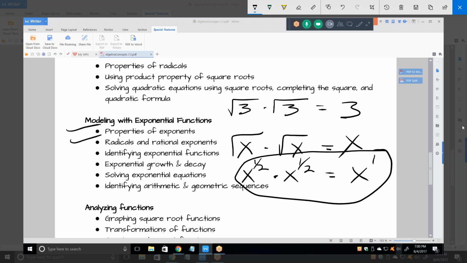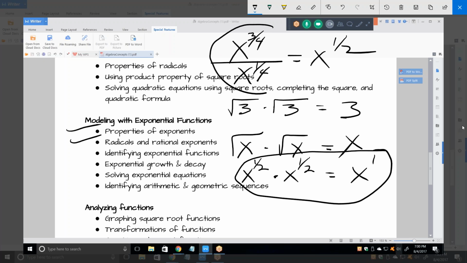Okay, what would this be? X to the 3/4 divided by x to the 1/4. What's that equal to? X to the 1/2. You got it. And so you can see that even complicated stuff, it's much easier to handle if you have fractional exponents.